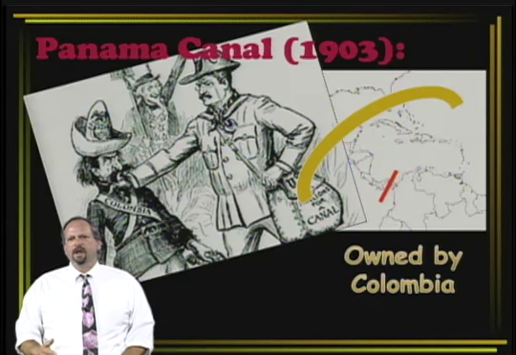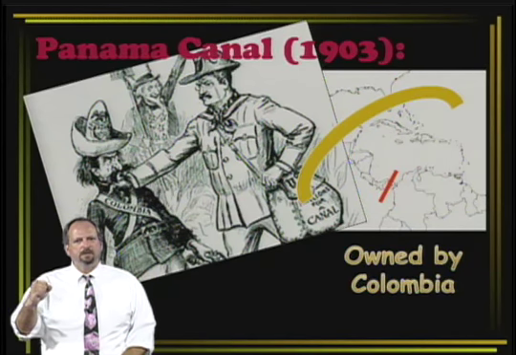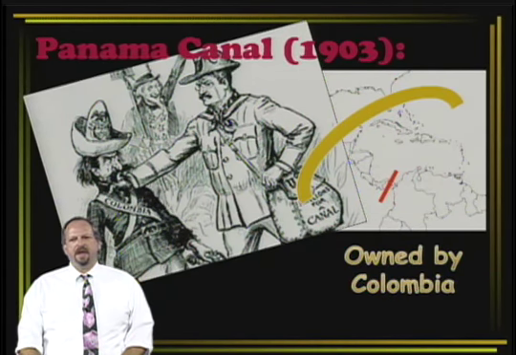When Colombia realized everything that was going on and realized that Panama had the backing and support of Theodore Roosevelt, they knew that if they went into Panama, the United States would intervene on behalf of Panama. Thus, Theodore Roosevelt used big stick diplomacy to get the Panama Canal built.